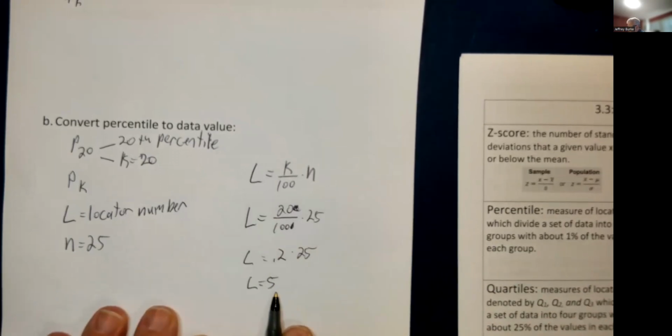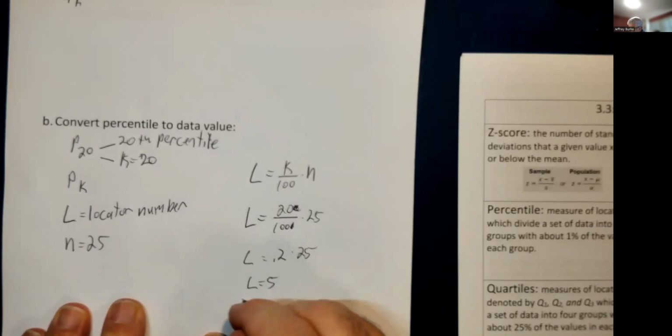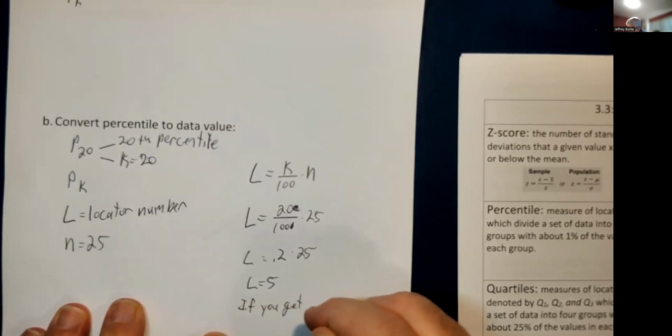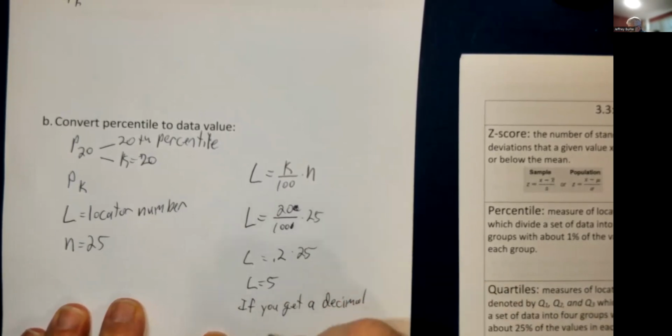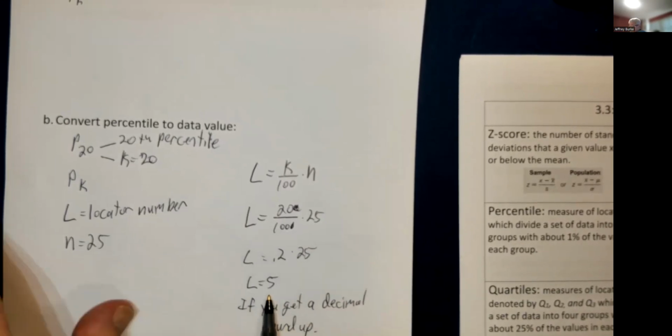Now, if you get a decimal on this one, round up. In this case, we don't get a decimal, so the locator number is going to be 5.